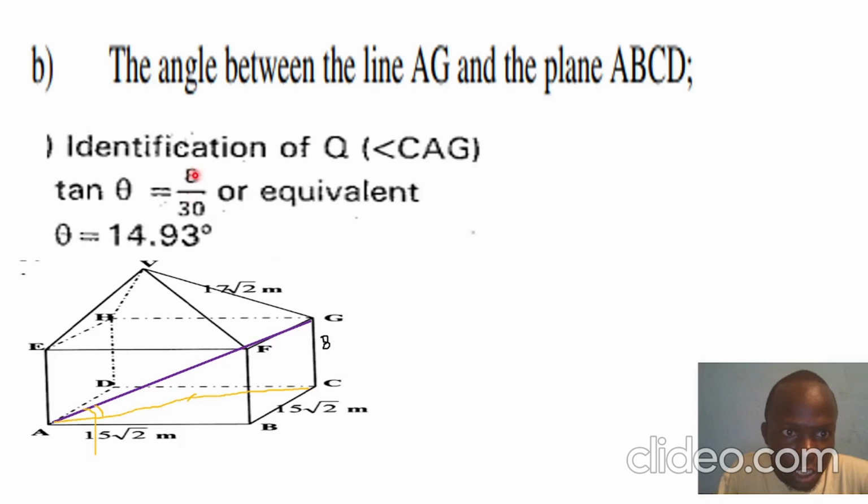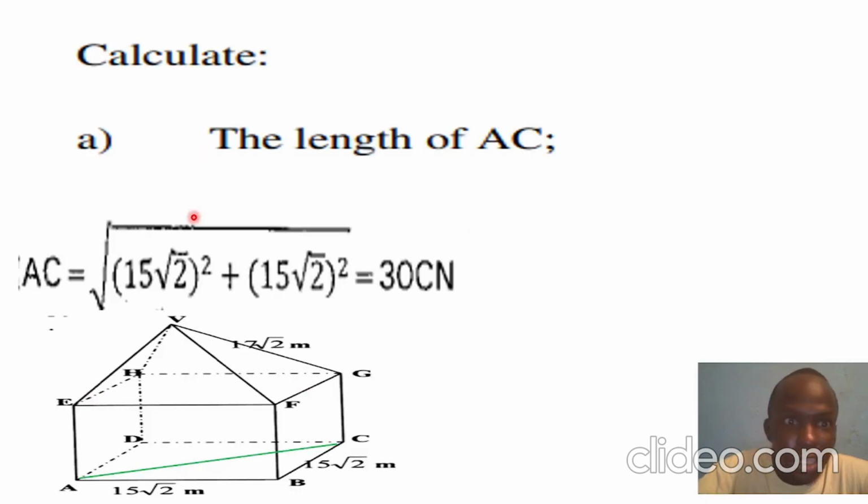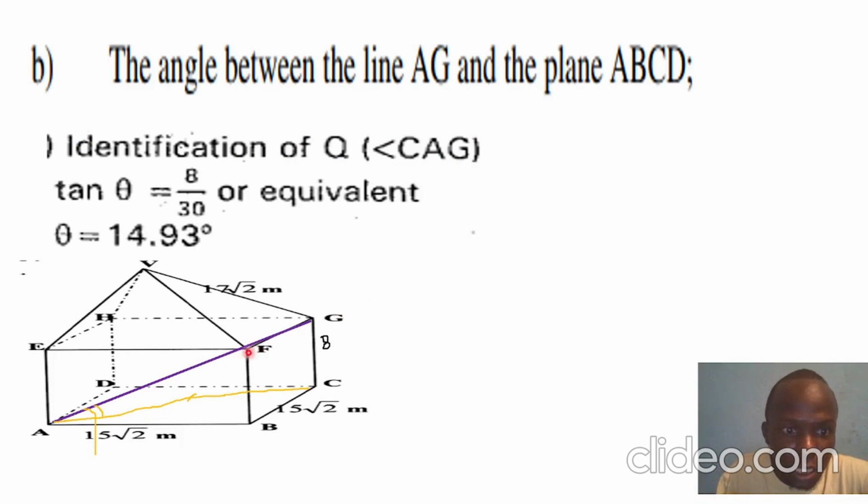GC is 8 centimeters and AC is 30 centimeters, the one we have just found. Now that we have an adjacent and the hypotenuse, we can use the tan theta relationship. So tan theta is equal to 8 over 30, and theta is tan inverse of 8 over 30, which is 14.93 degrees.